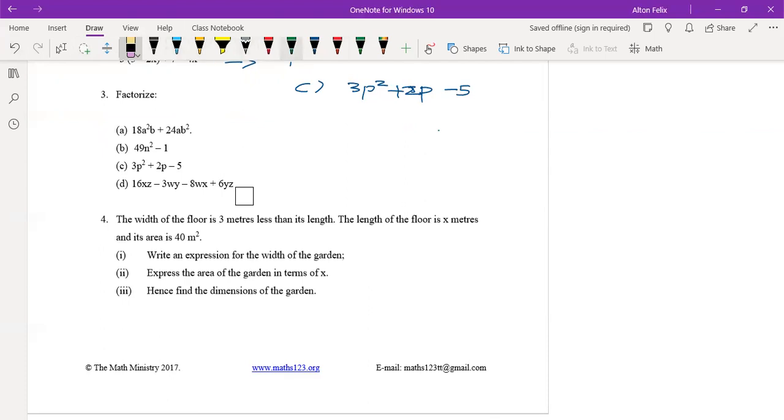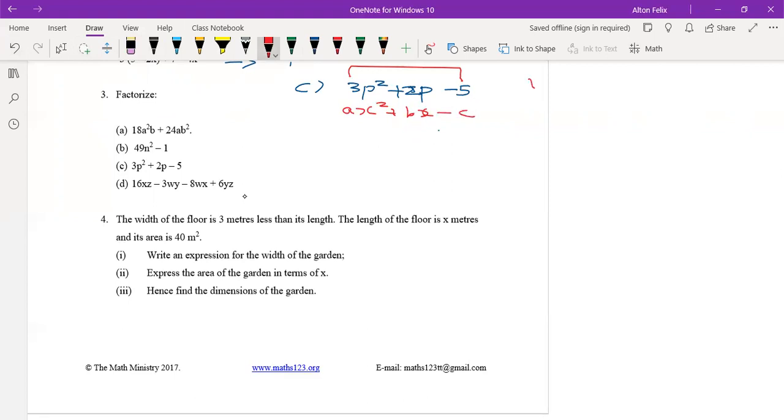You're looking at finding two numbers such that the product is always a by c. When I say a by c, I'm talking about the standard expression for a quadratic, which is ax squared plus bx plus c.